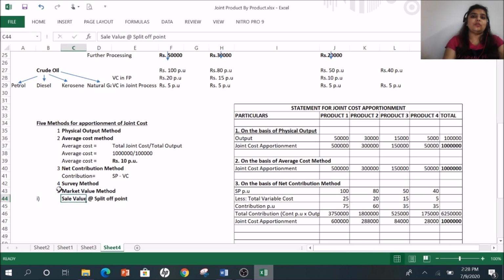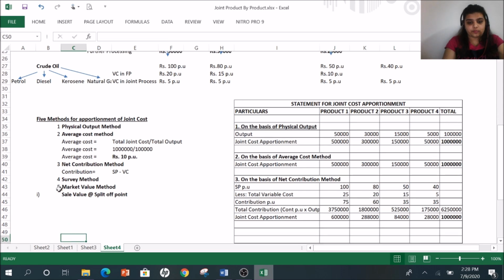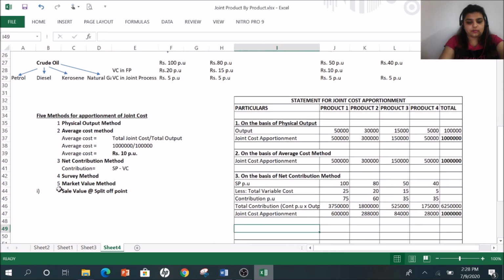Now first, you are going to distribute the cost on the basis of sale value at split off point. Let me write here: on the basis of sale value at split off point.